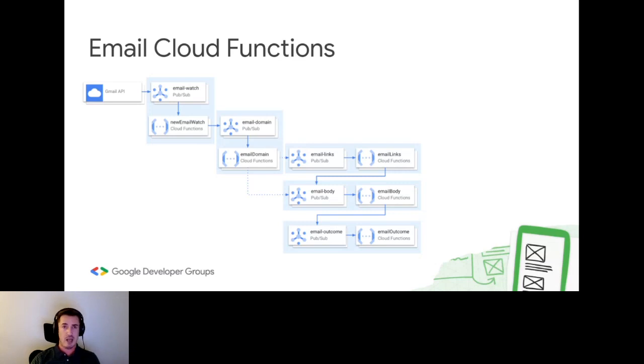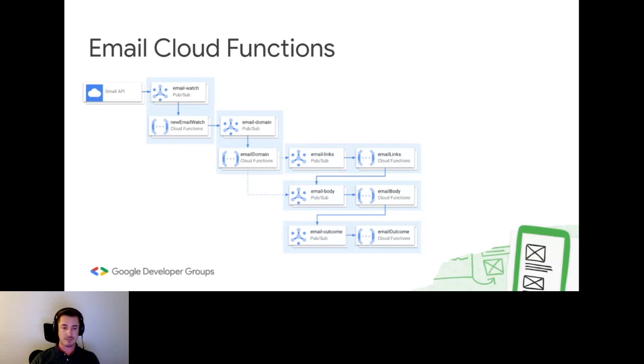Once we get that, we need to send the details to the email links, where if it's one link in the email body or 10,000 links, we will need to gather them all and then send them one by one.